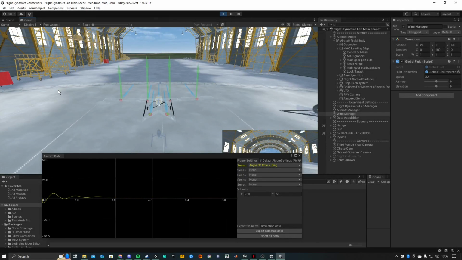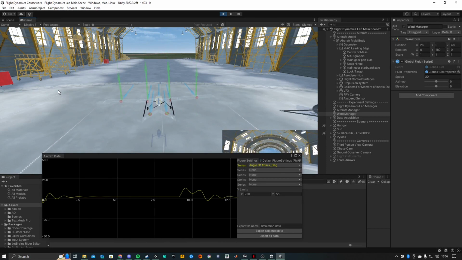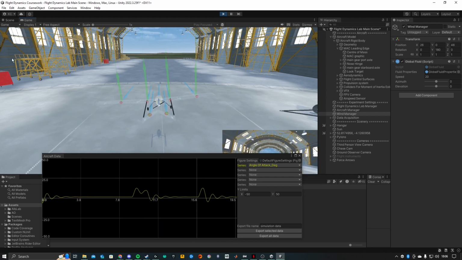At cruise velocity, a short period of 1.15 seconds was found, and a damping ratio of 0.397 was found for the default CG location of Z equals 0.058 meters.